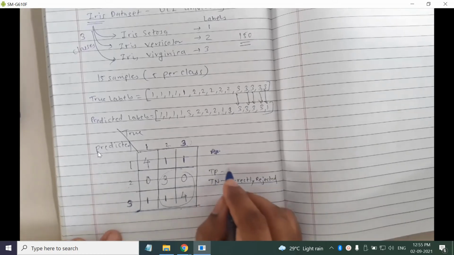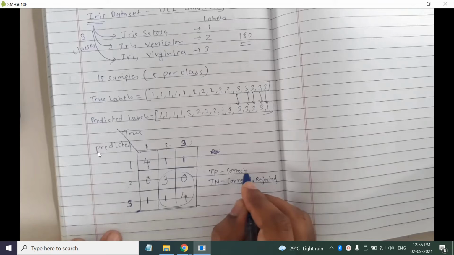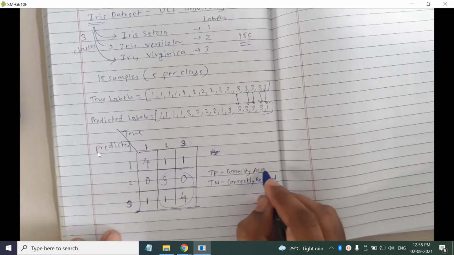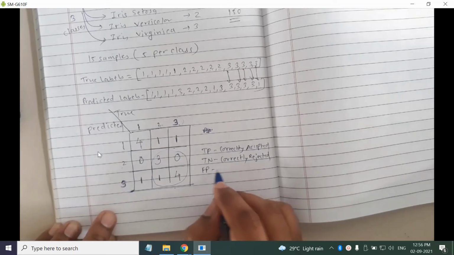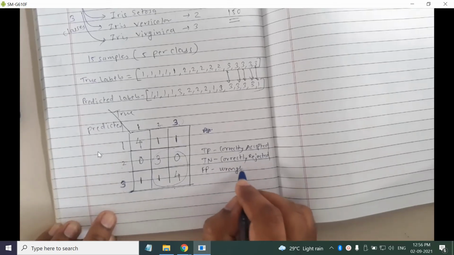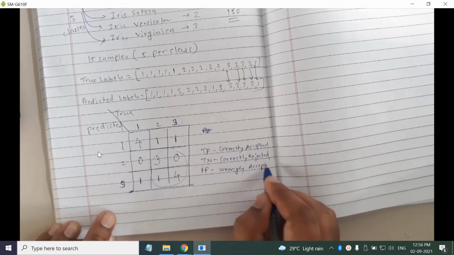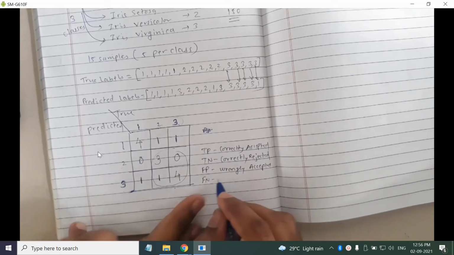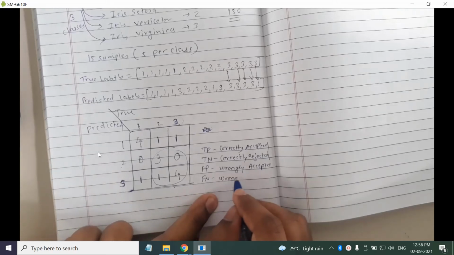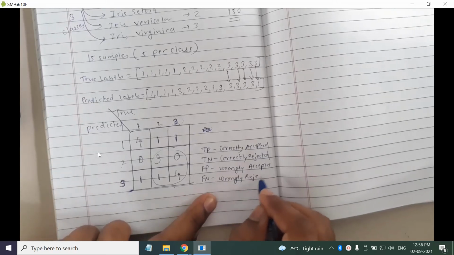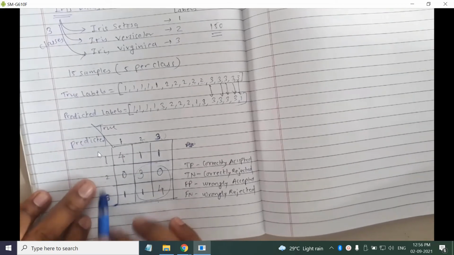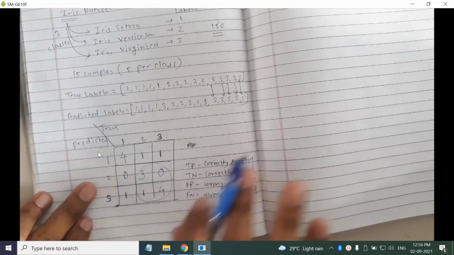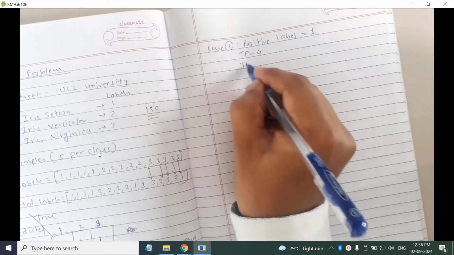True positive means correctly accepted or identified. False positive is wrongly accepted, and false negative is wrongly rejected. Okay, so 2 and 3 are negative labels and they are labeled as 2 and 3 only. Negative, and negative was predicted, so they will form a true negative.